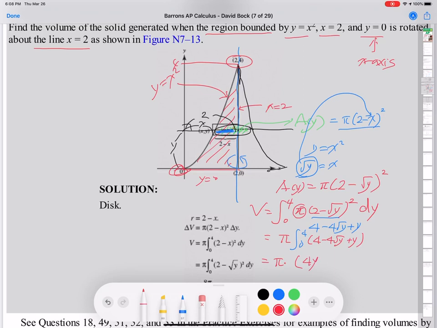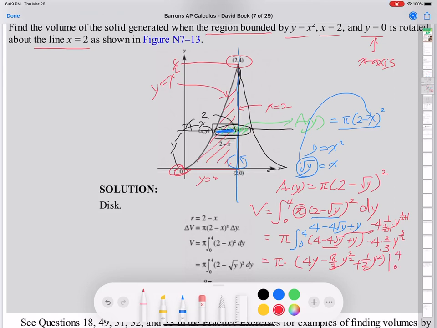The integral of 4 is 4y, and then what is the integral of negative 4 root y? This is negative 4 times y to the 1/2 power, so 1 over n plus 1 times y to the n plus 1 power, so it's negative 4 times 2/3 y to the 3/2 power. Negative 8/3 y to the 3/2 power, plus the integral of y, which is 1/2 y squared, from 0 to 4.